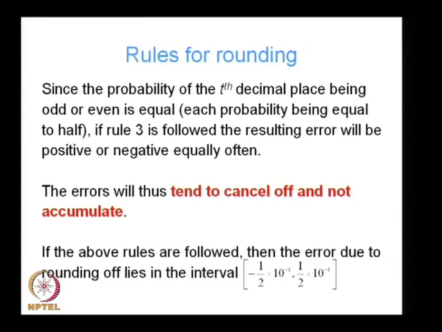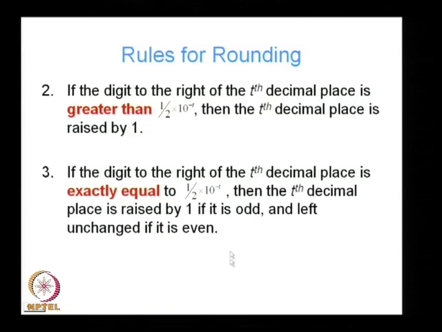For instance, let us consider rule 3. Let us go back and look at rule 3 again, which says that if the digit to the right of the 10th decimal place is exactly equal to half into 10 to the power minus t, then the 10th decimal place is raised by 1 if it is odd and left unchanged if it is even.